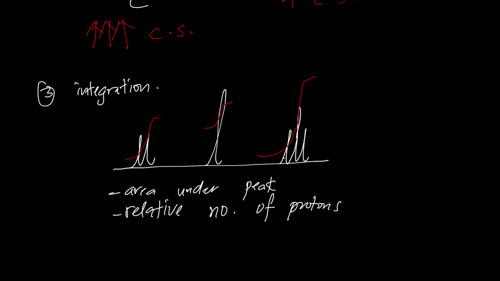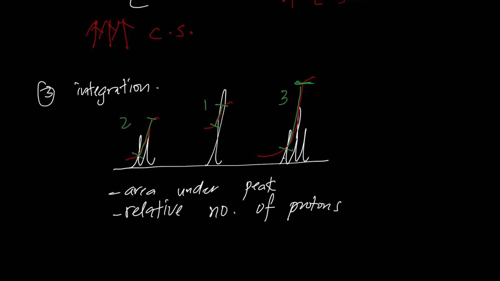Normally, if it is given by a line overlapping the signal, we can measure the length of the line to find the ratio between the lines. So for example, after you measure the length, the ratio could be 3 for this one, 1 for this one, 2 for this one.